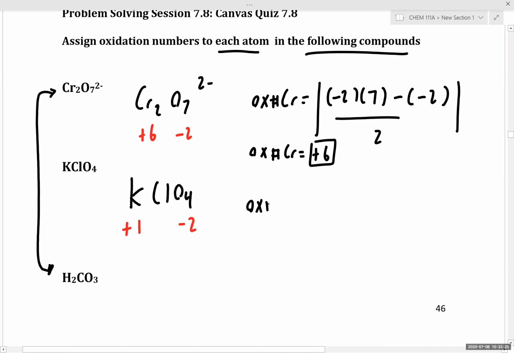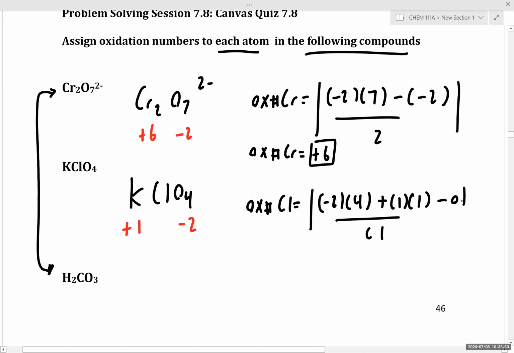So then, solving for the oxidation number of chlorine, we have -2 times 4, plus the oxidation number of potassium times the number of potassium atoms minus the total charge of 0 over the number of chlorine atoms. And that in turn gives us an oxidation number of chlorine of +7.